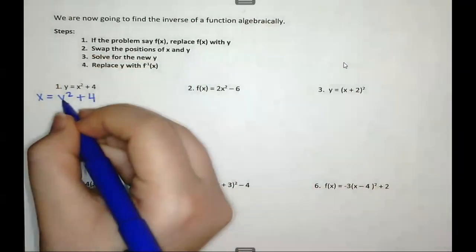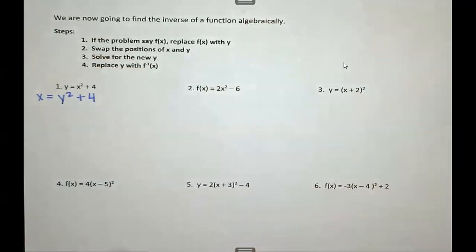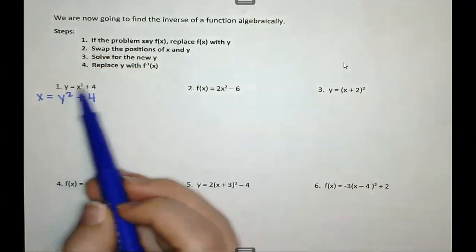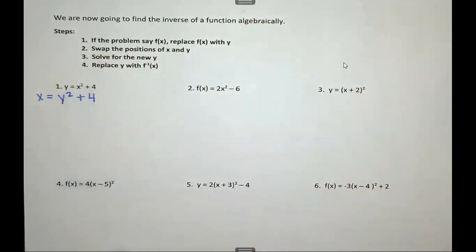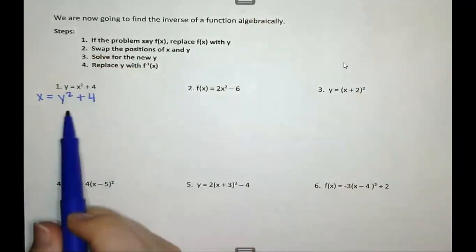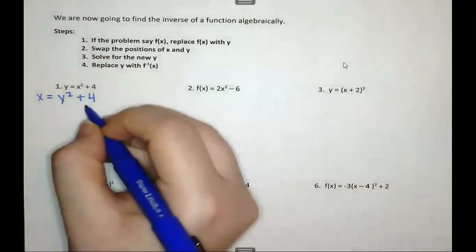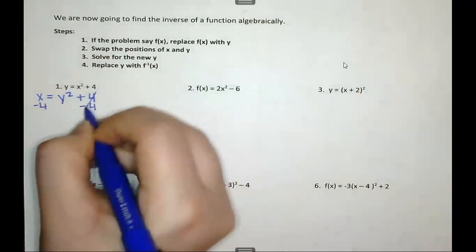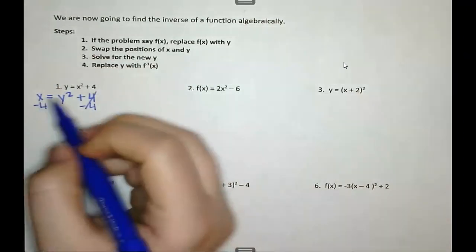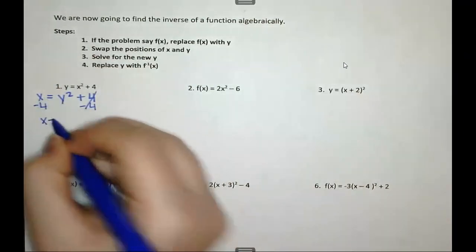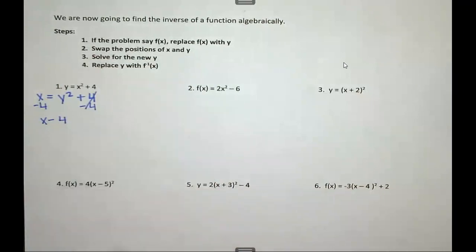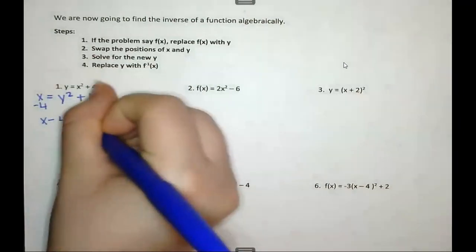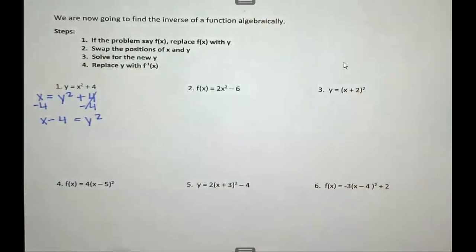All right. Now, if we want to be able to find this function, we have to get y by itself, right? We know that's what a function looks like: y equals your equation. So the first thing we would do to get y squared by itself would be to move this 4. It's a positive 4, so to move it, I would subtract it. And now I would have x minus 4 over here, can't combine them because they're different, equals y squared.